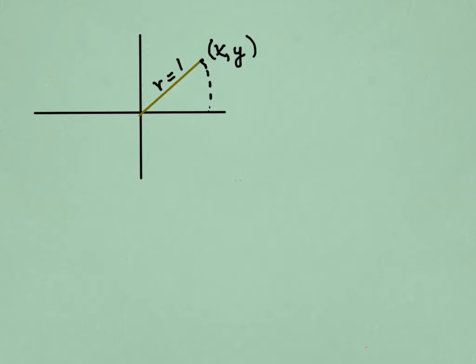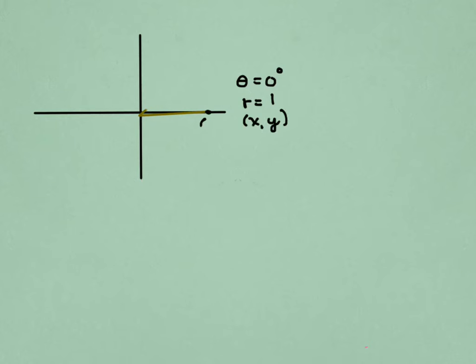Now, if the radius is equal to 1, and I just rotate that from where it is down to the x-axis, then theta equals 0, and r equals 1, because that didn't change. All it did was rotate from where it was in quadrant 1 down onto the x-axis.